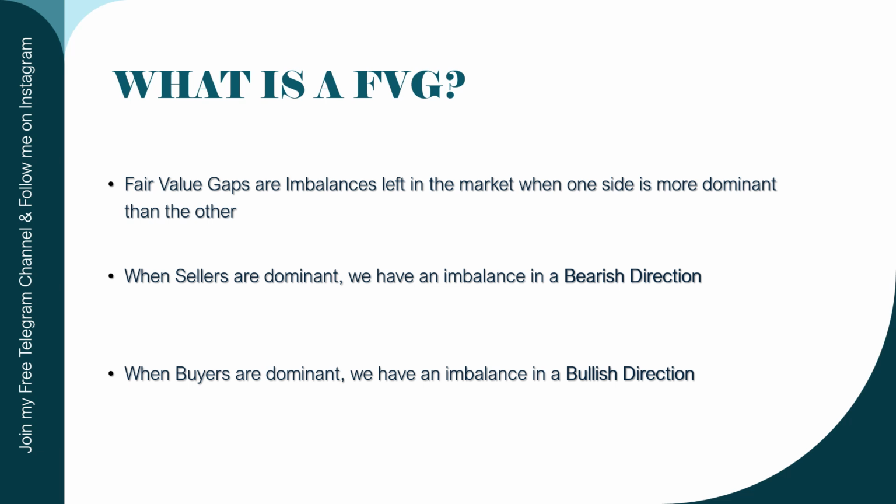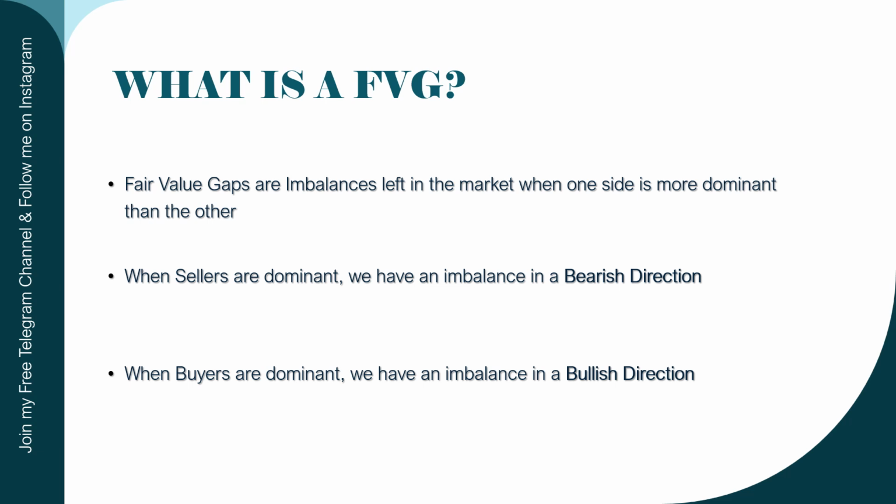All right, so what is a fair value gap? In simple terms, these are just imbalances left in the market when one side is more dominant than the other. On this point, I'm just talking about market direction.